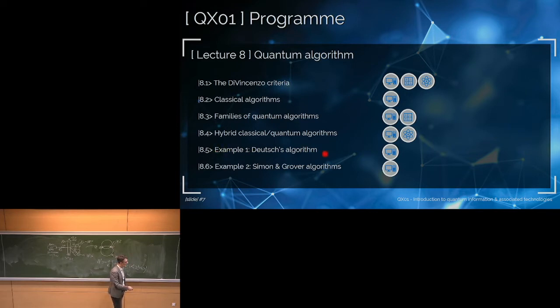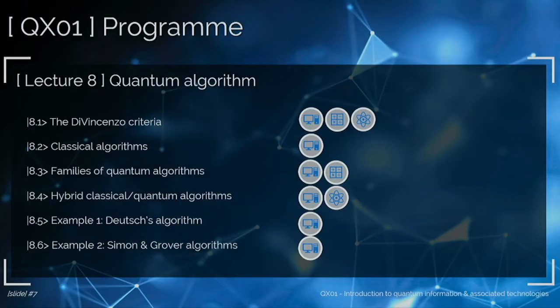And I will start with the first example, perhaps the easiest example, and perhaps the least useful example, just to give you an idea of how a quantum algorithm can gain over a classical algorithm, through what's called the Deutsch problem or Deutsch algorithm.